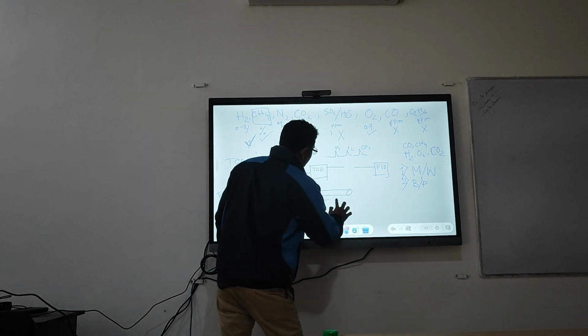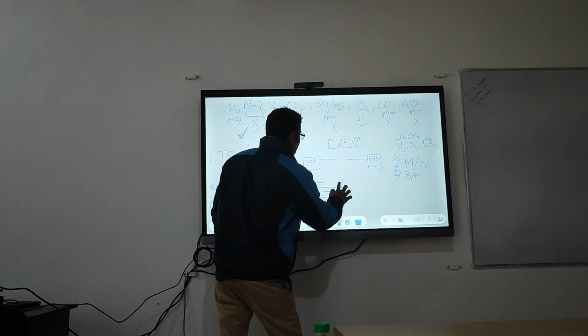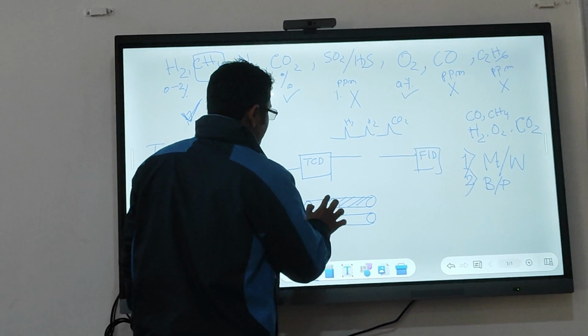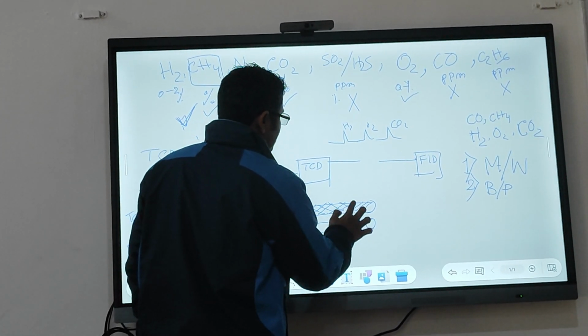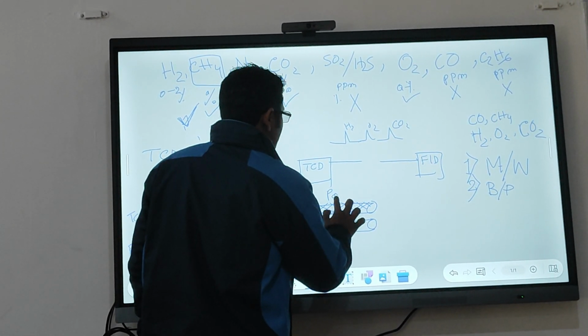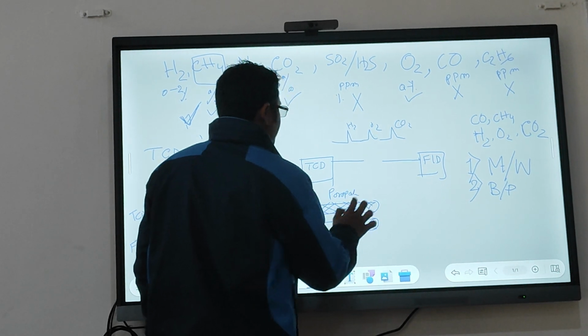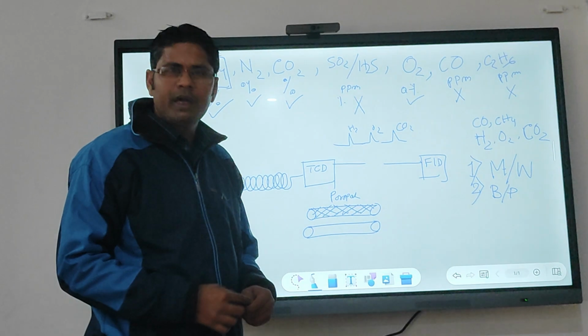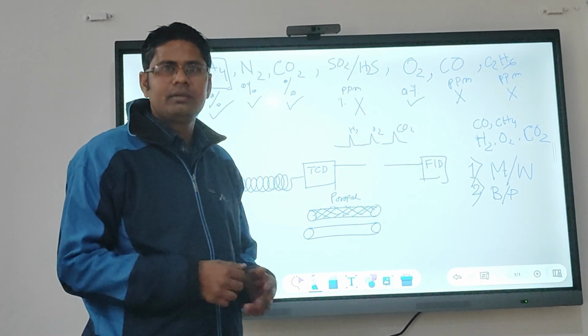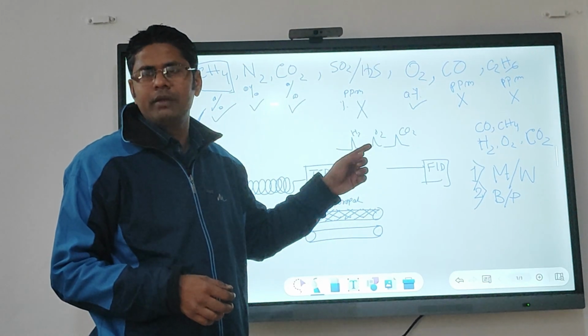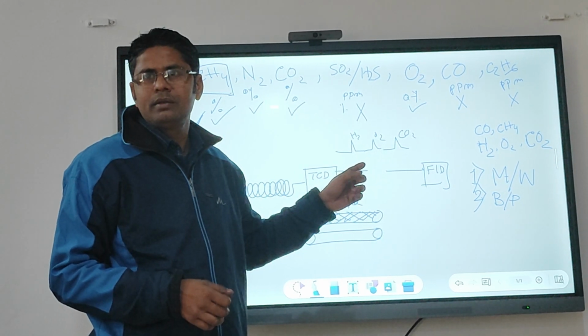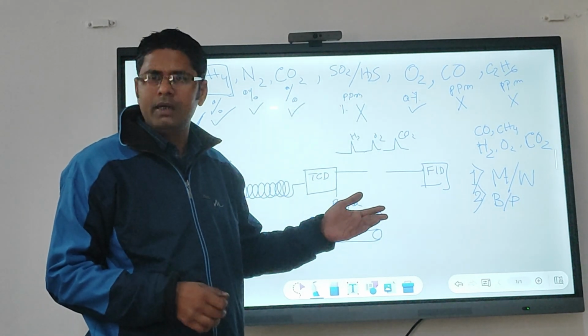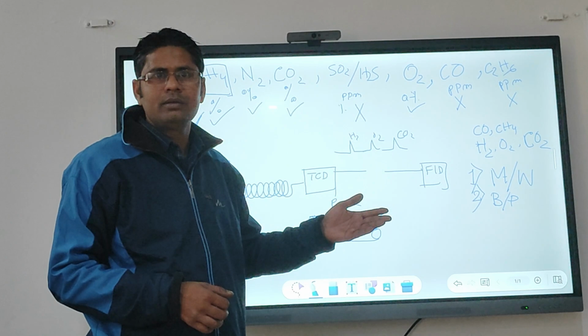We are using two different columns. One column named Orapac Q. In capillary columns you have heard of TG-1MS, TG-5MS. You have heard, right? Regarding your MS training, you have heard different column names. No?